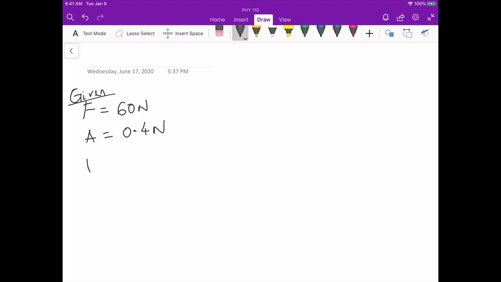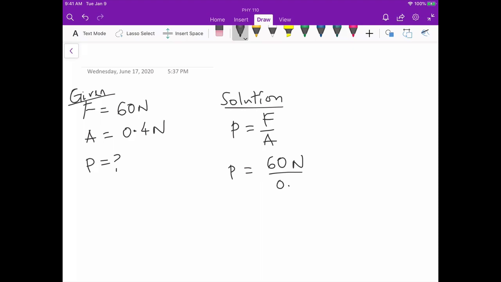Then you are asked to determine how much is the pressure. The solution for this problem is straightforward. Just simply apply the equation pressure equals force over area. Of course it's going to be 60 Newton over 0.4 meter squared. If you simplify this, what you are going to get is 150 Newton per meter squared, which has a special name, we call it Pascal.